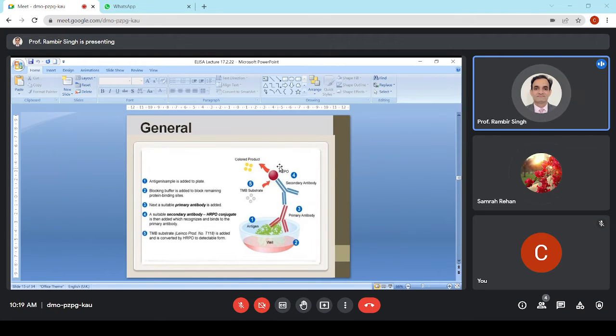So these antibodies are purchased from the market, and they always come conjugated with an enzyme called horseradish peroxidase. Now, in this well, what happens? If you see the procedure, first we pour the human blood.